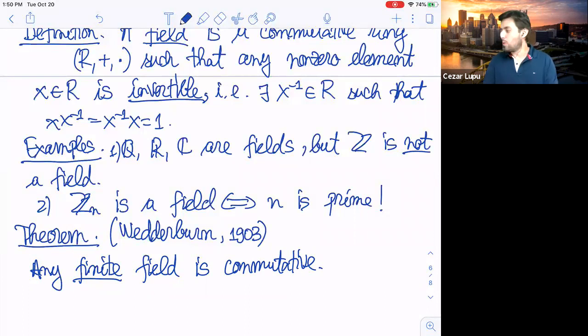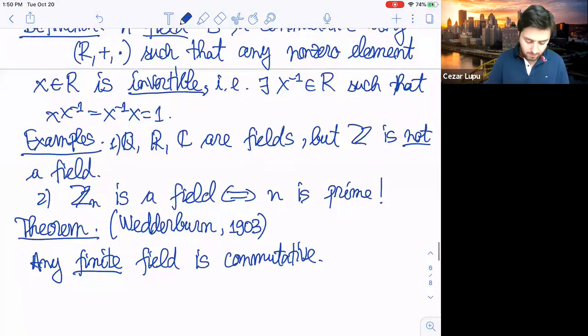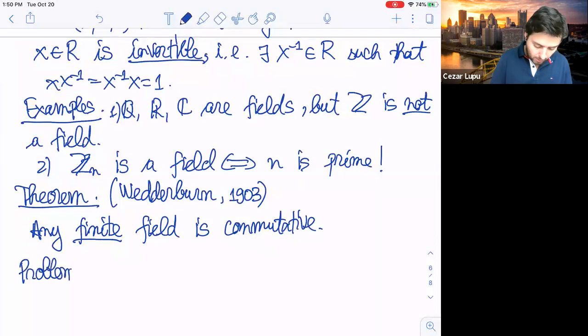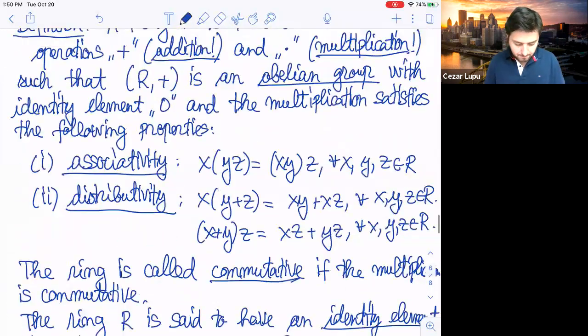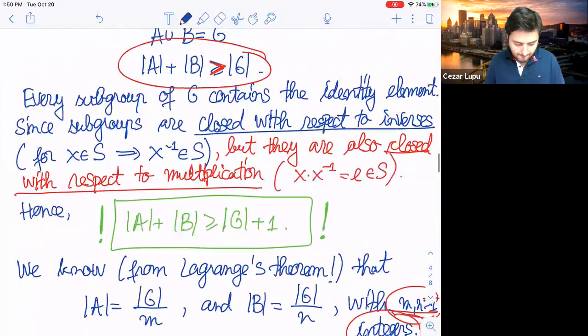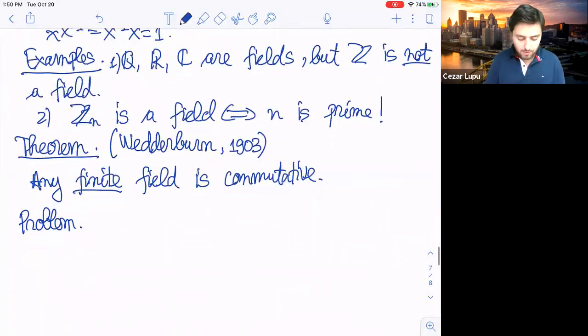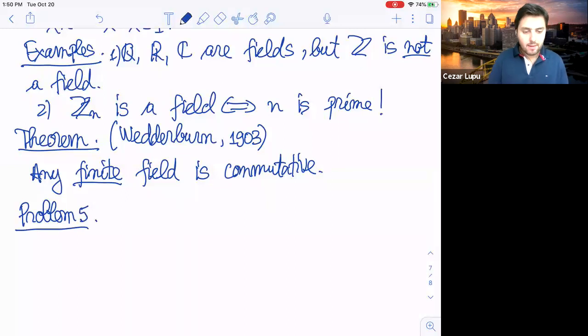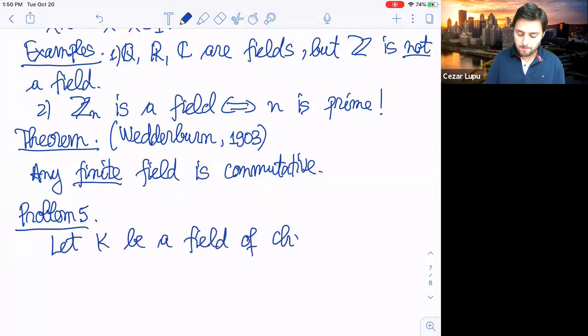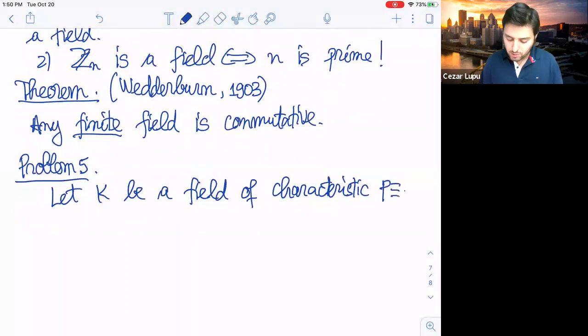All right, now let me give you a quick example of a problem. I think this was some Romanian Olympiad problem. It's a very beautiful problem. So problem number, I don't recall the number. What number is it? Problem 5, okay. So problem 5 states the following. Let K be a field of characteristic, so the characteristic of a field will be a prime number p, which is 1 mod 4, or it depends on the field, it can be infinite.